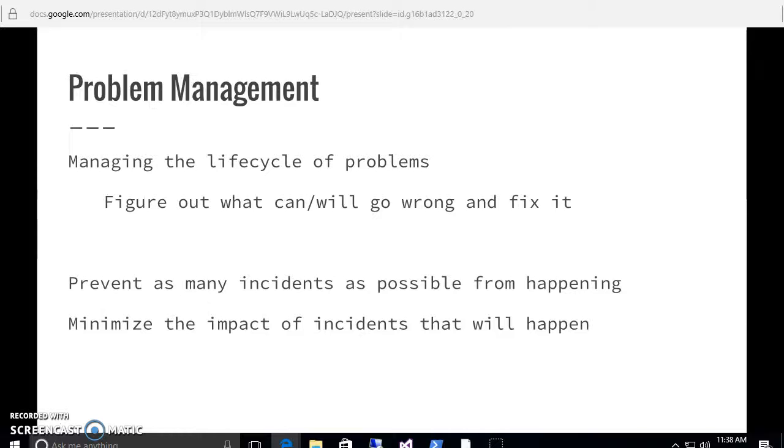And then major problem review is just being aware, training the people in your organization to be aware of those major problems, so that when it does occur, there are resources available to people so that they can fix that.